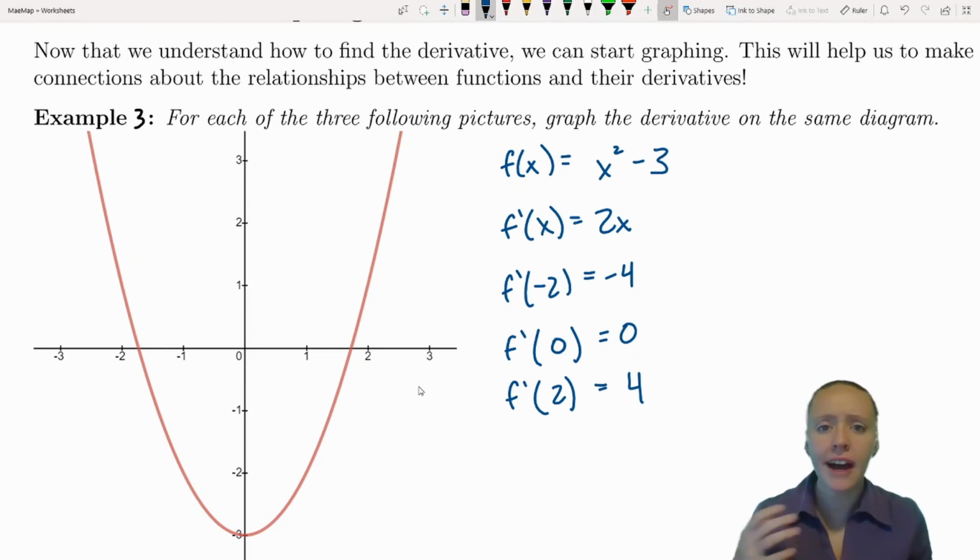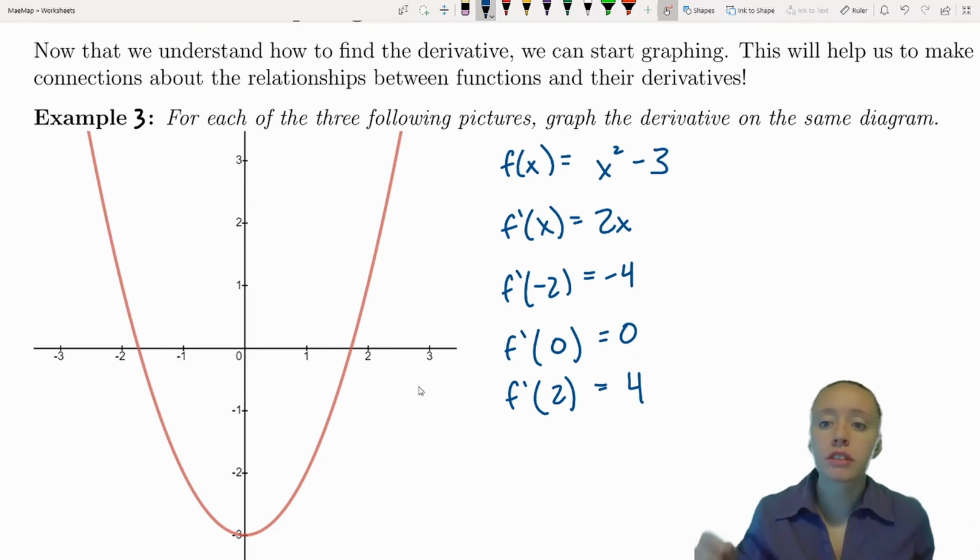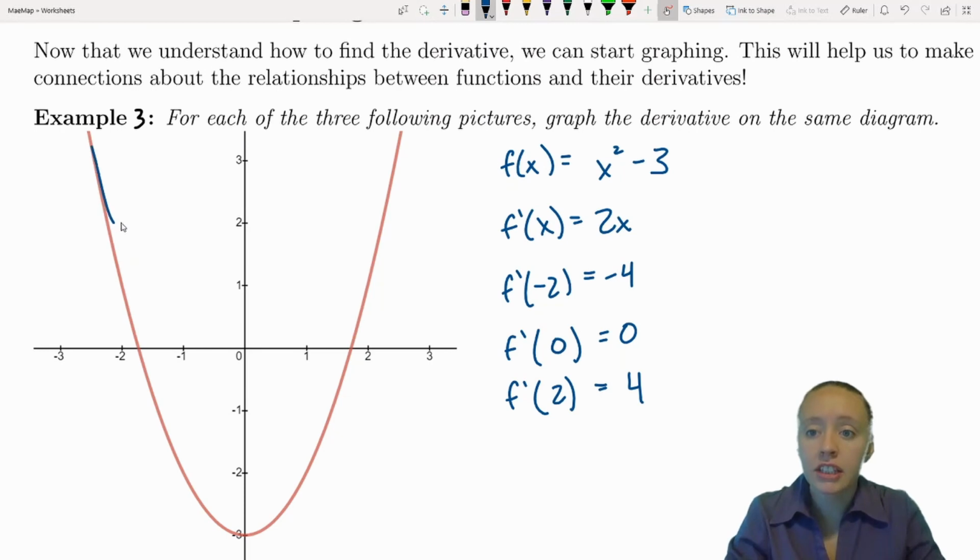So let's think about how that derivative relates to the function. If our function is decreasing, what kind of slopes are my tangent lines going to have? My tangent lines are all going to be negative. If my function is increasing, my tangent lines are all going to have what kind of slope?